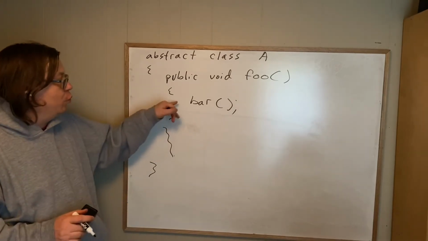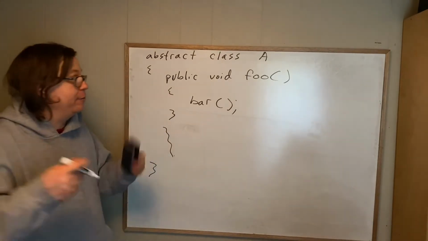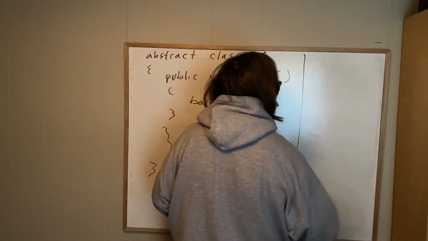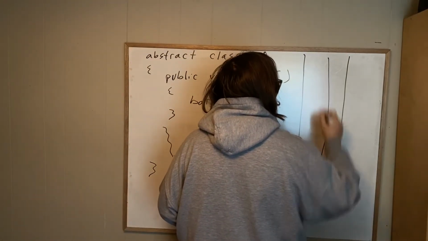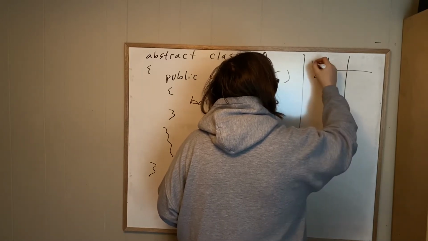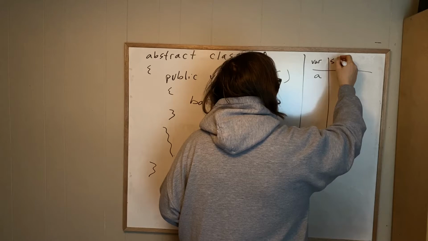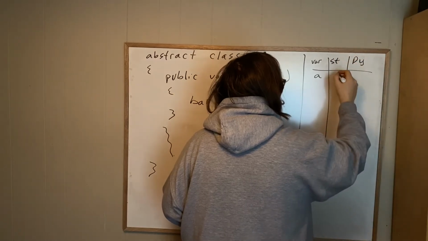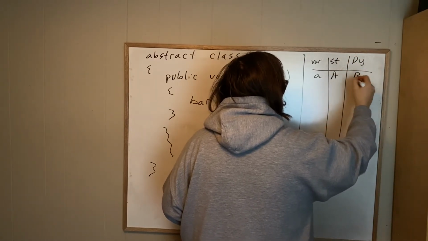Okay. So where do we look for that? Now, let's assume we have that same table. A is the variable, the static type, the dynamic type. This is an A, and this is a B.